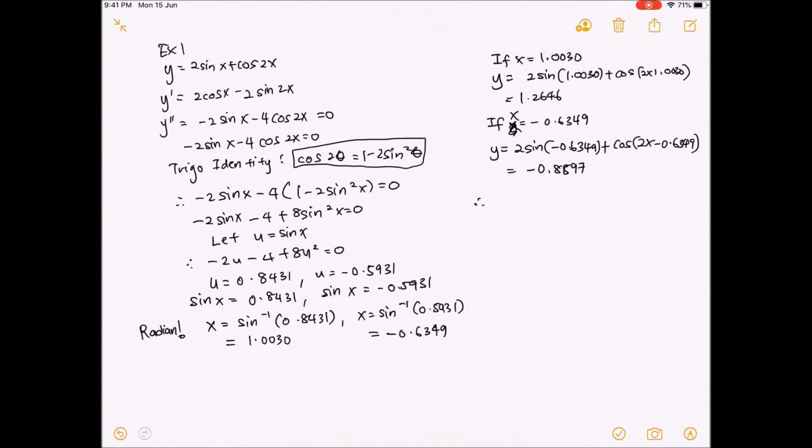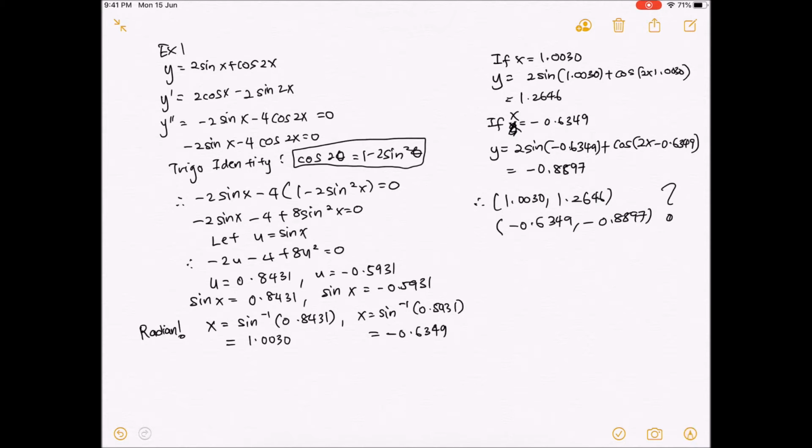So I have 2 points, which are (1.0030, 1.2646) and (negative 0.6349, negative 0.8897). Is this our inflection point?